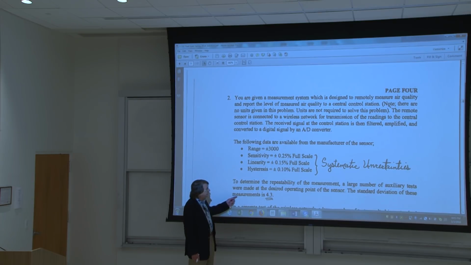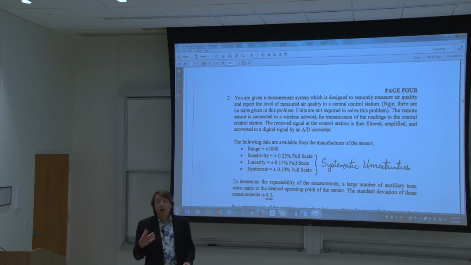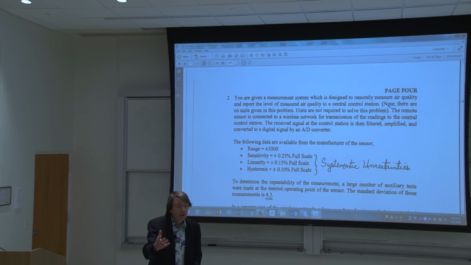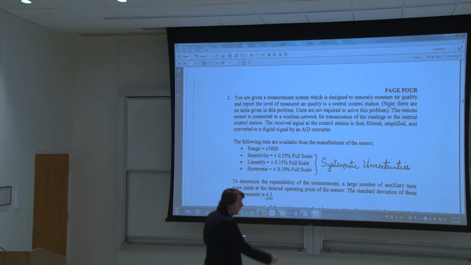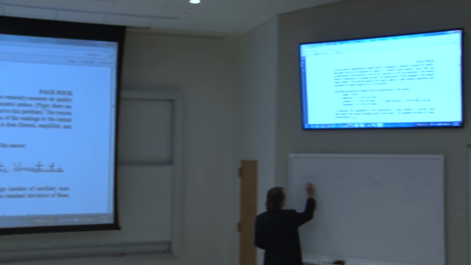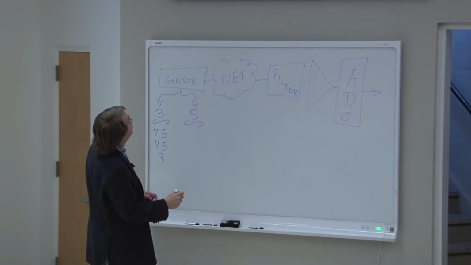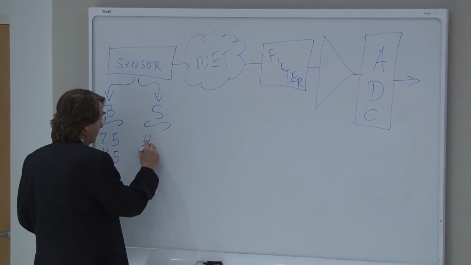They found that the standard deviation of these measurements is 4.3. Standard deviation brings up probability, and probability brings up randomness. So this is a random error, associated with the sensor. So the standard deviation is 4.3.